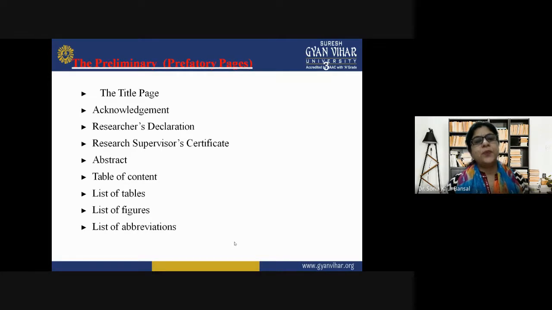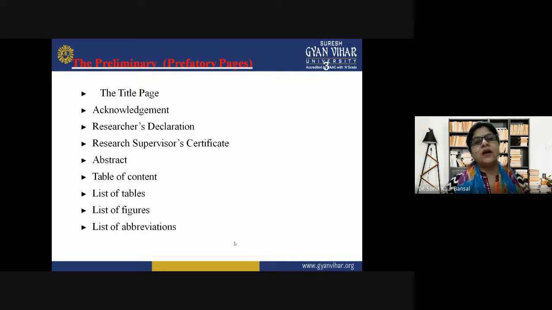First of all, the preliminary or prefatory pages. See, students, these are the prefatory or preliminary pages which are added in front of the research report. They include the title page, acknowledgement, researcher's declaration, research supervisor certificate, abstract, table of contents, list of tables, list of figures, and then list of abbreviations.